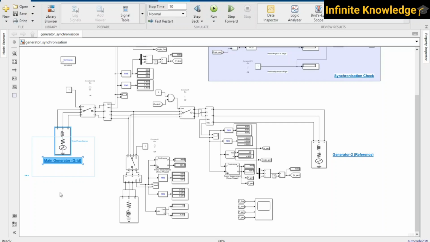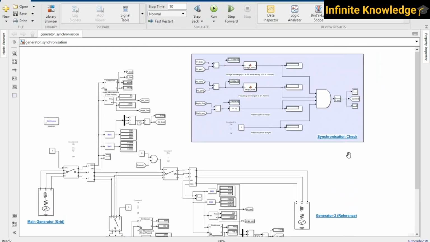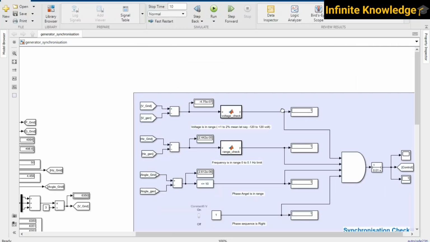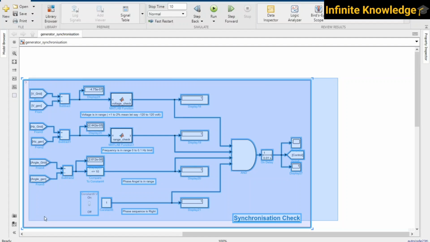That's why synchronization is very important in the substation, and that synchronization can be checked by these four important values that I have developed.